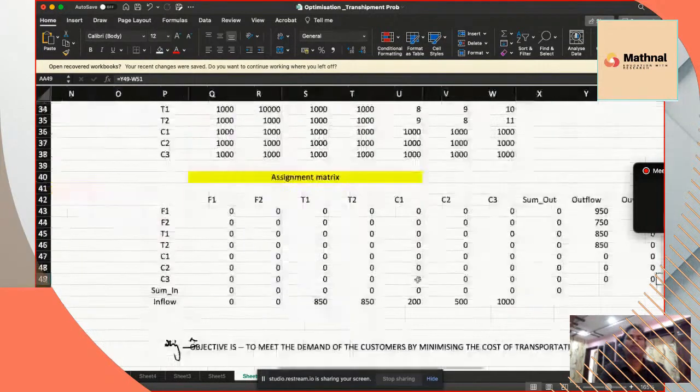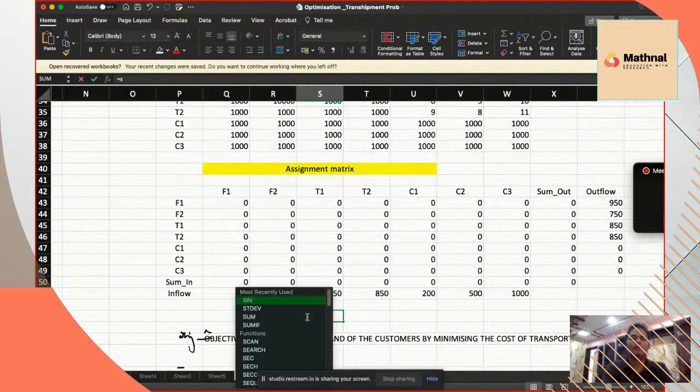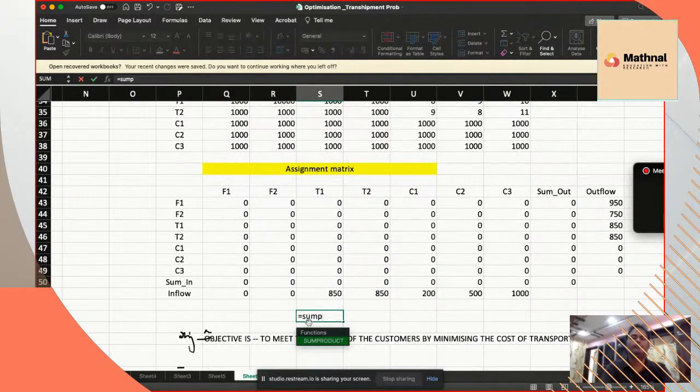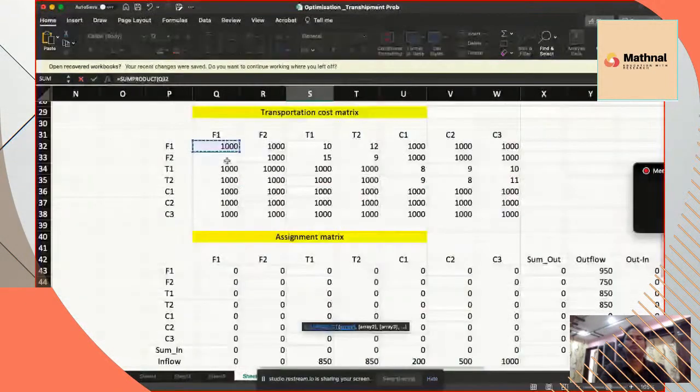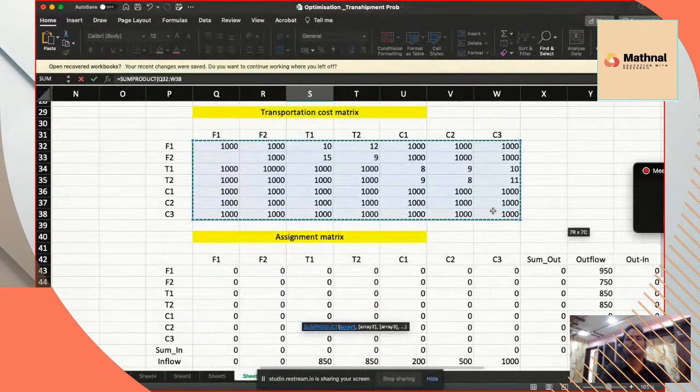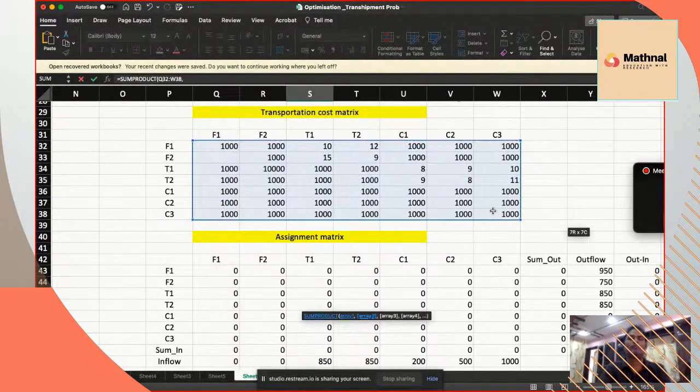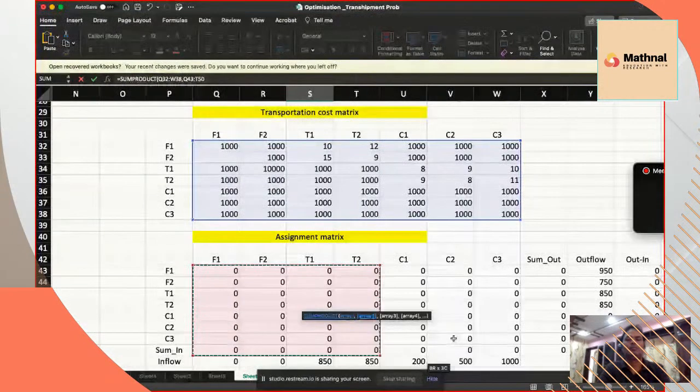Now I have defined my objective: the sum product of this matrix and this matrix has to be minimum.